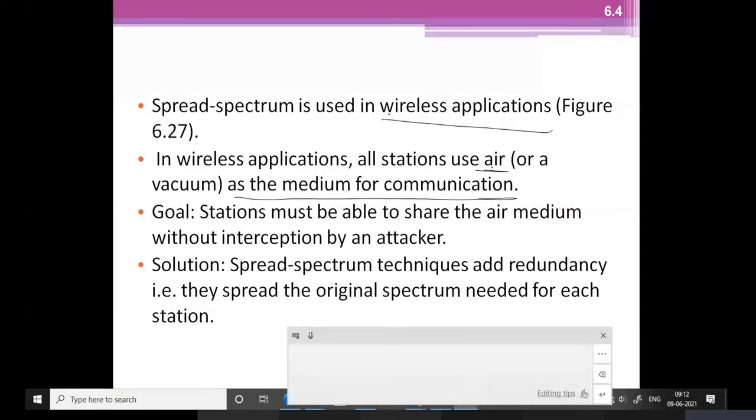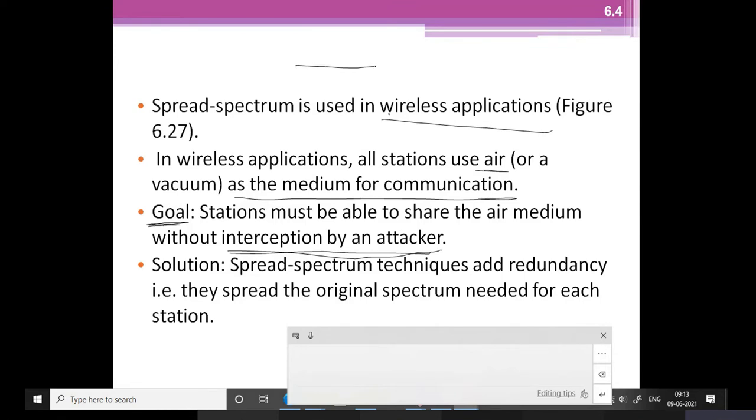Whenever air is used as the medium for communication, we have to take some important points into account. The first goal is that stations must be able to share the air medium. The range matters a lot when you are using air as the medium. They must share it without interception by an attacker, meaning an unknown person should not be able to alter the signals or access the data.